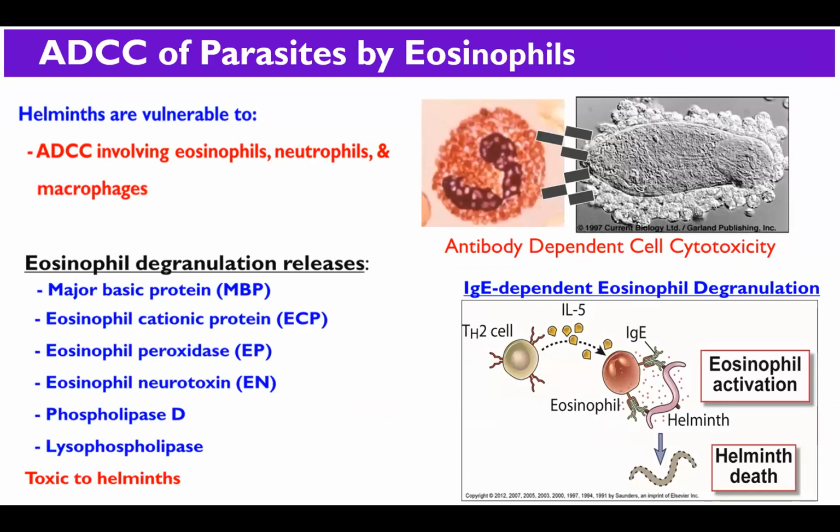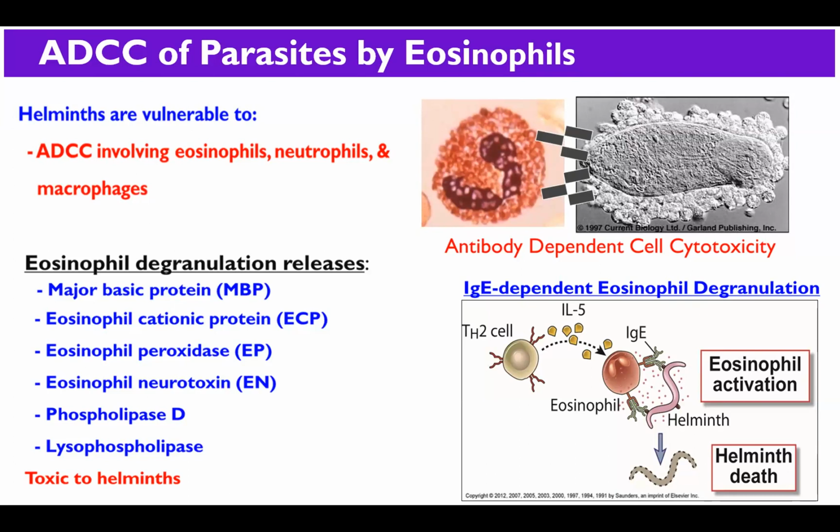Now, the role of ADCC, mainly driven on this side by eosinophils, also receives some help through recruitment and involvement of some neutrophils and macrophages. But the major player here is the eosinophils.